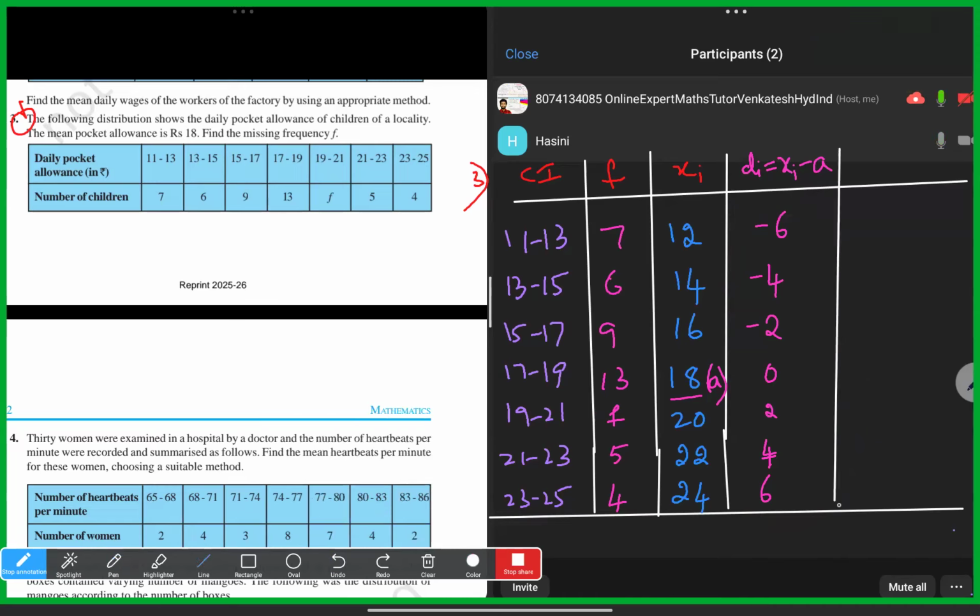So now what I will do is the fi di column. Means we'll multiply the fi value with the respective di value.